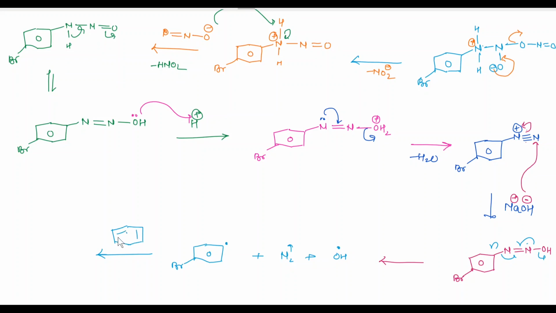In the next step, we have benzene, the other given aromatic compound. So these radicals combine, and here we get Br, that is, coupling takes place.